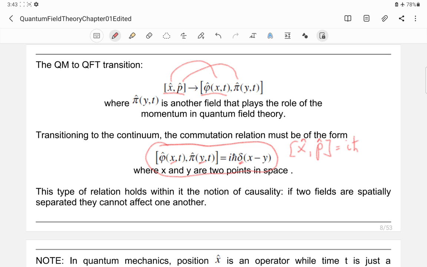Unless they fall on the same point, you get 0. So this means that if two fields are spatially separated, they cannot affect one another.